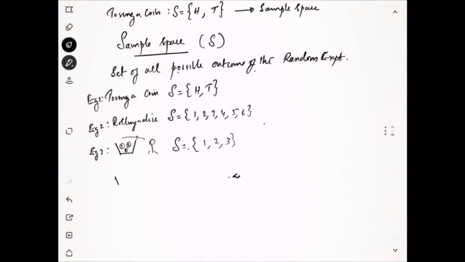Maybe in another case, you have an urn which contains a black ball, a red ball and a yellow ball, and you are picking. So the sample space may include black, red or yellow. So this is the sample space.